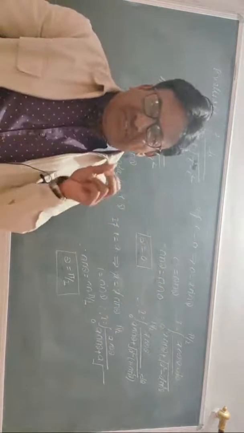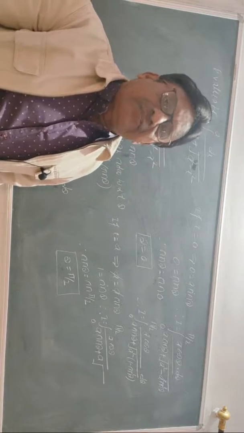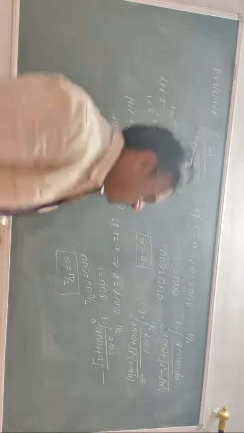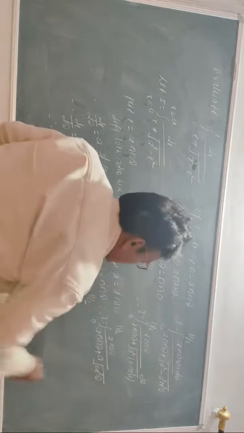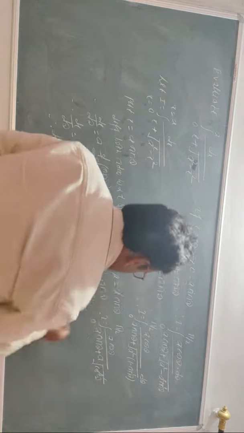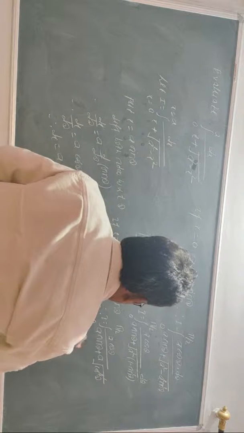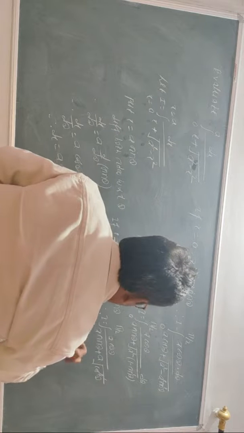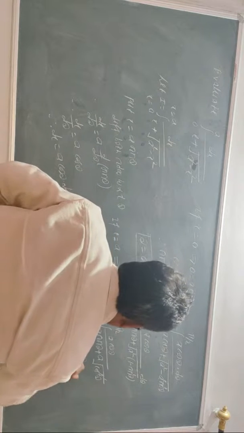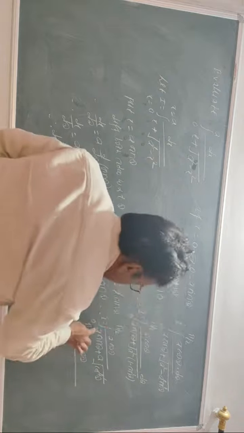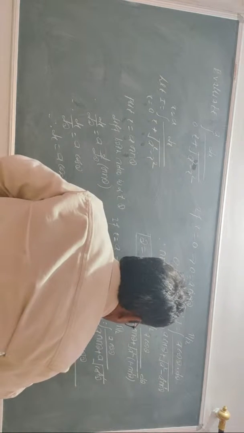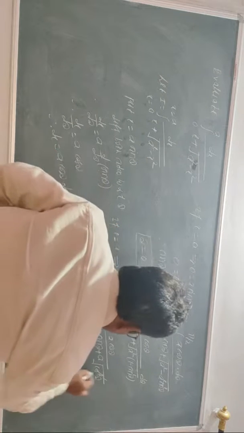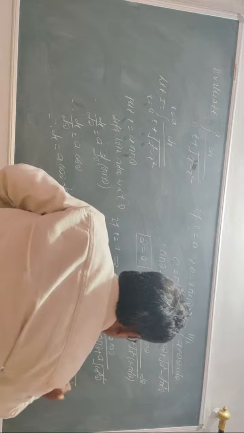By using the first fundamental identity, we know that 1 minus sine square theta is cos square theta, so we write cos square theta. Then the square and root cancel. Therefore I equals integration 0 to pi by 2 a cos theta upon, taking a common, a into the bracket sine theta plus cos theta, d theta.